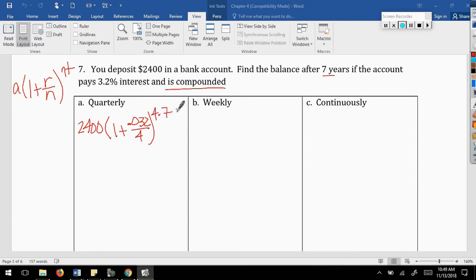When you plug this in your calculator, be very careful as you do. 1 plus 0.032 divided by 4 raised to the 28. I get $2,999.90.